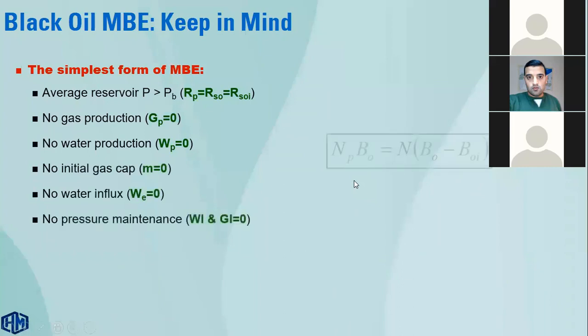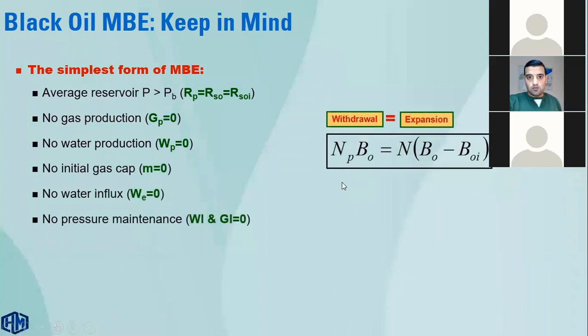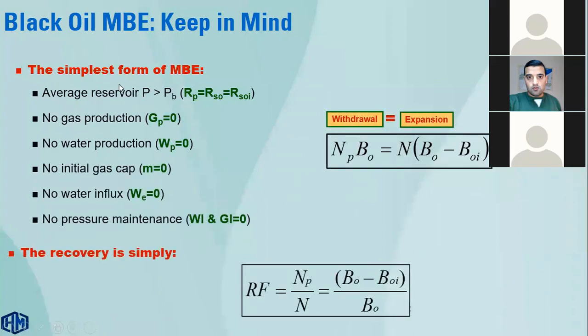However, if we consider the simplest form of the material balance equation with the following assumptions: if we consider the average reservoir pressure higher than the saturation or bubble point pressure, in this case Rs will equal Rsi, or Rso, because above the bubble point we have no free gas in the reservoir.